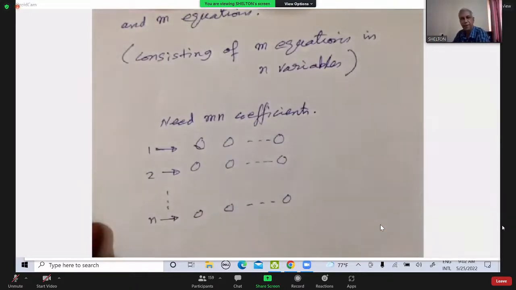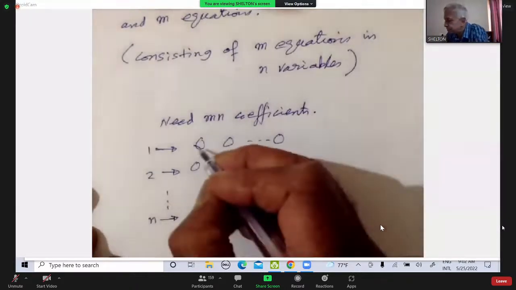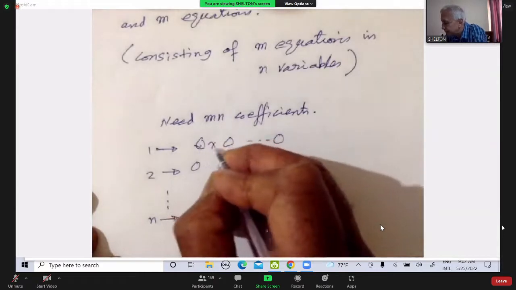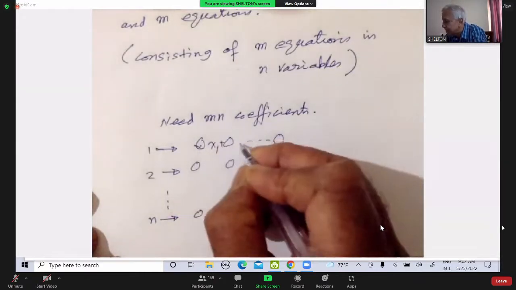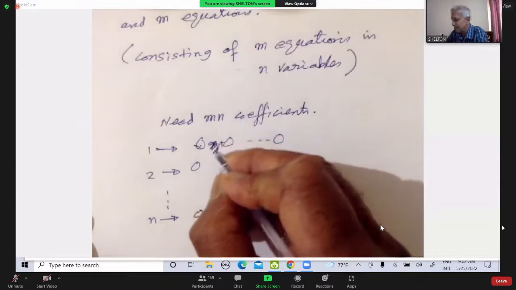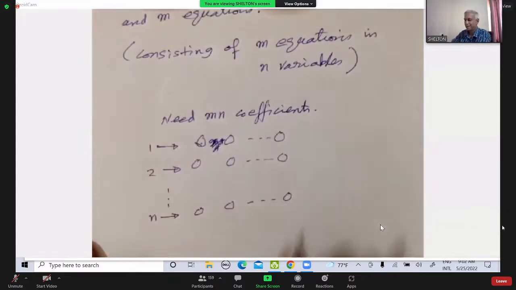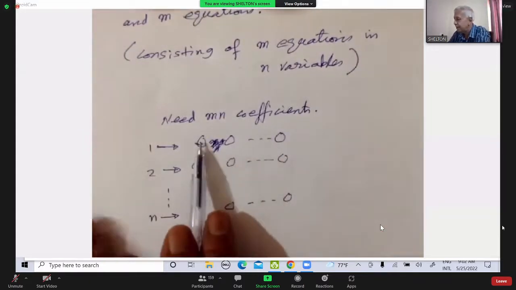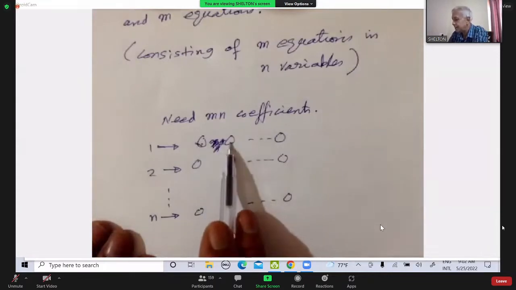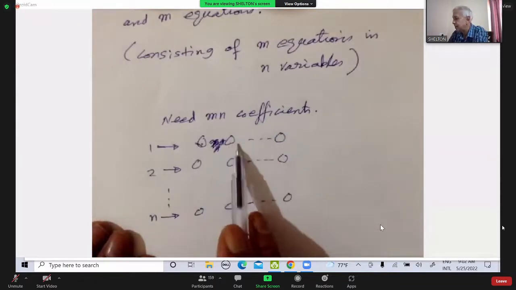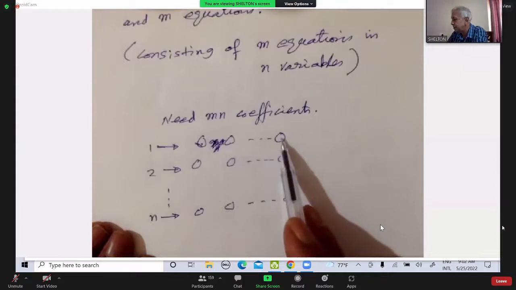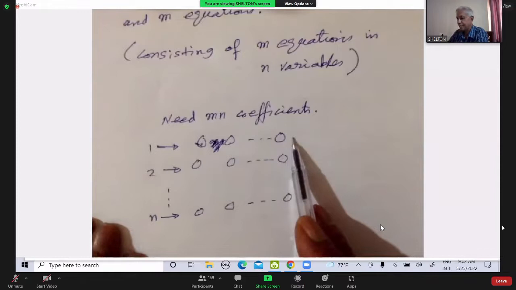So first equation, I need a number here, x1 plus something x2 plus, up to something, meaning a constant, times xn.